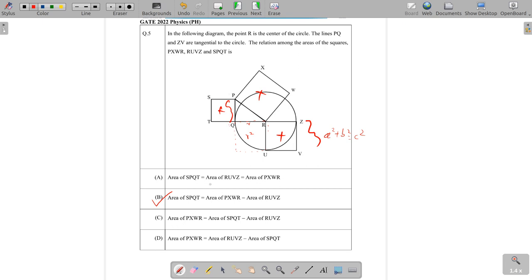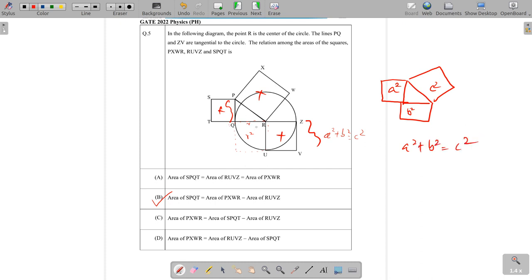You might have seen this kind of diagram: if you have a right angle triangle, you have a square on each side. If this is A, this is B, this is C, the areas are A square, B square, C square, then the Pythagoras theorem tells you A square plus B square equals C square.